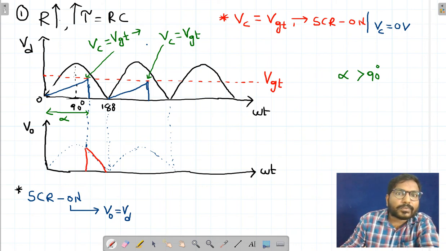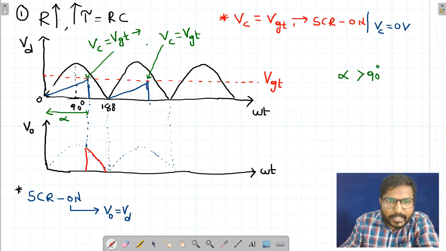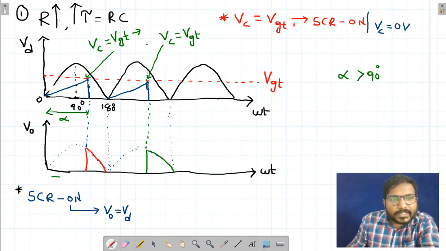Here also, at this instant the SCR is triggered or turned on, and from this instant this part of the voltage, the same Vd drawn as dotted lines, is available across the load. This is the delay angle.